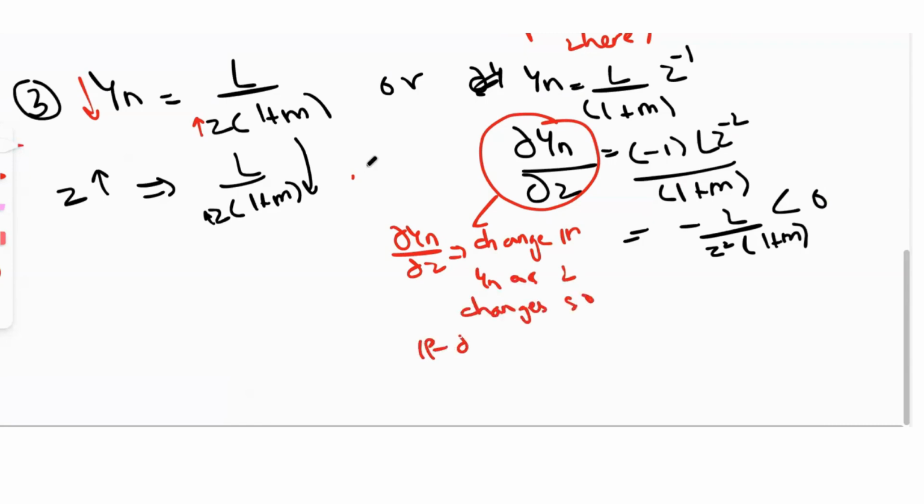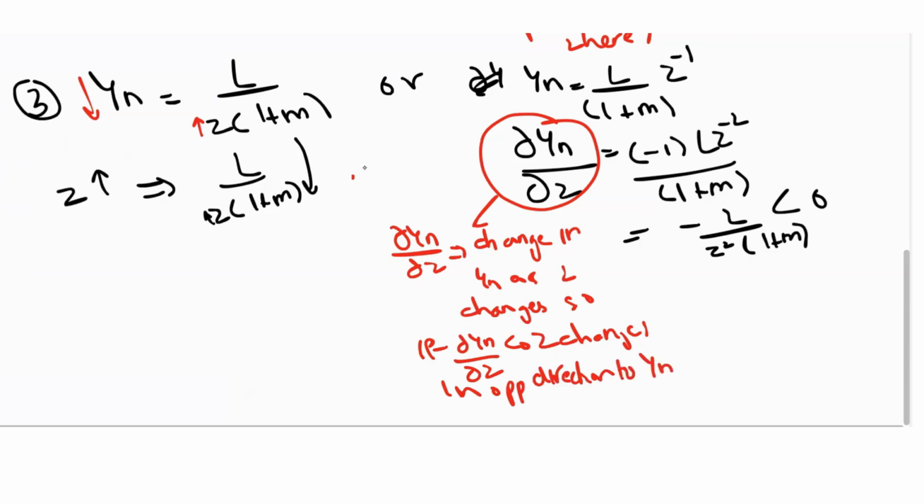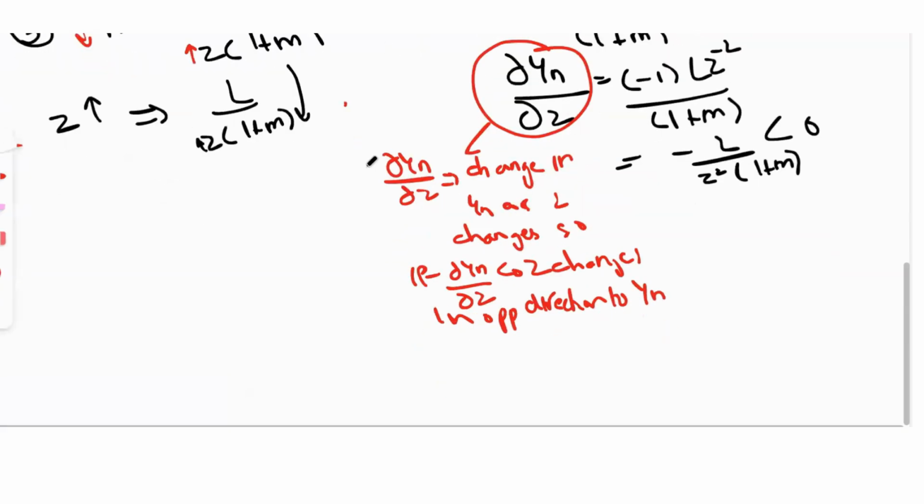So if partial yn by partial z is less than 0, yn changes in the opposite direction to z, right? The sign is telling us that yn is changing in the opposite direction of z. So partial yn by partial z is the change in yn as z changes.